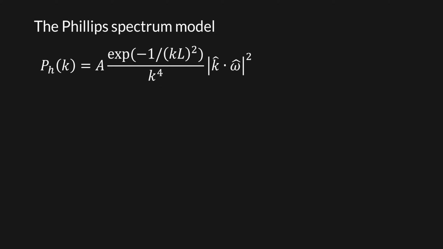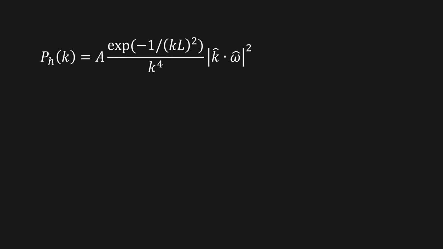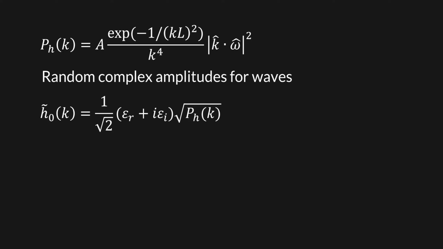We create a statistical wave model using the Phillips Spectrum model, a mathematical representation of the statistical distribution of wind-generated ocean wave heights. To introduce variability, we include random complex amplitudes into the waves, simulating the complexity of ocean wave patterns.